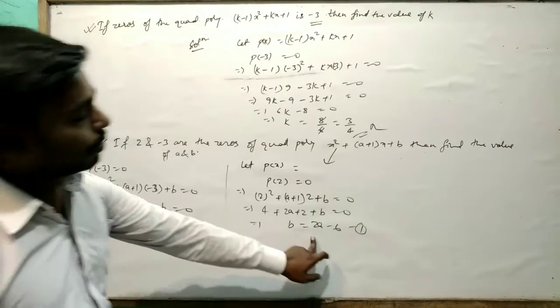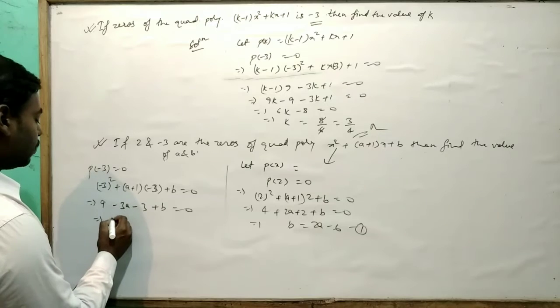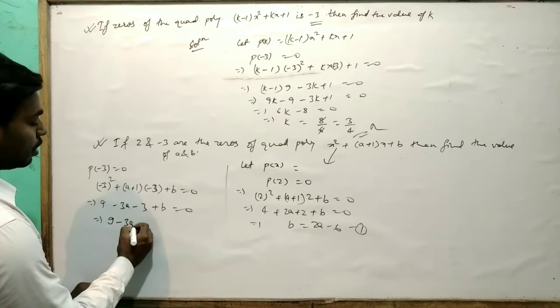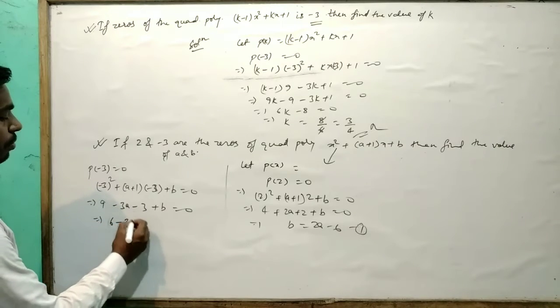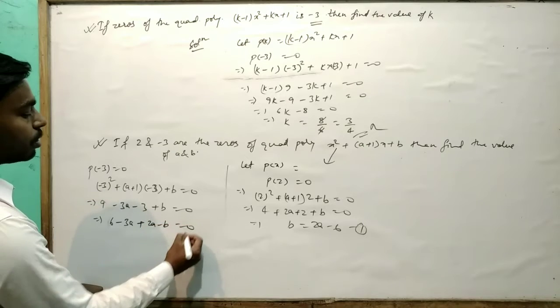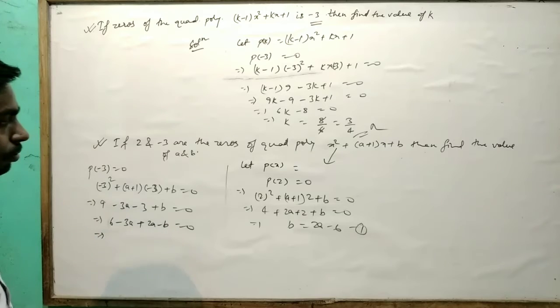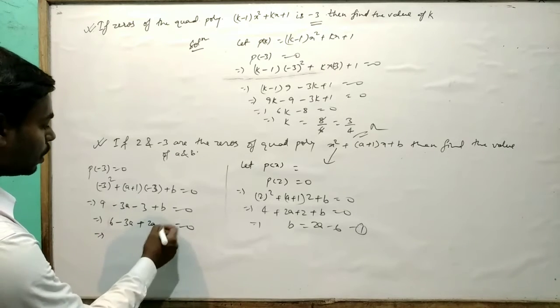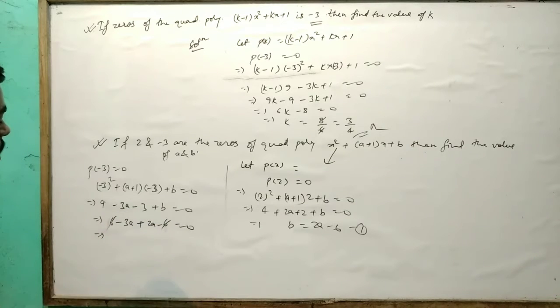Now 9 minus 3a minus 3 plus b is equal to 0. Now we put the value of b from equation first. Then we get 9 minus 3 is 6, minus 3a plus b, which is minus 2a minus 6, is equal to 0. Now 6 and minus 6 get cancelled.